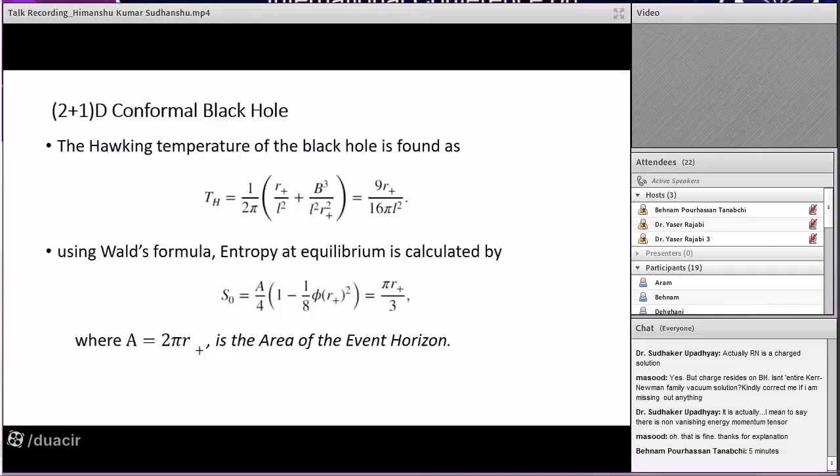And using the Wald formula, the entropy at equilibrium is found to be equal to πr₊/3.